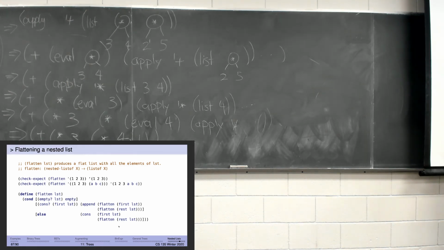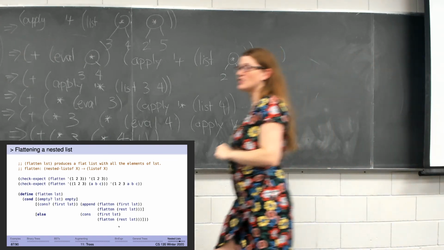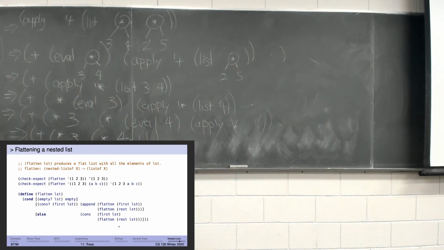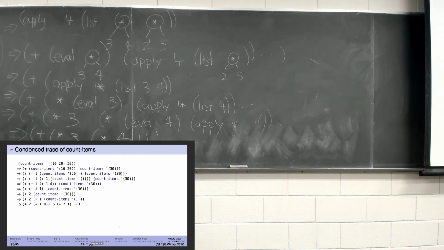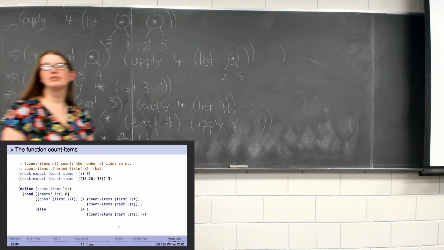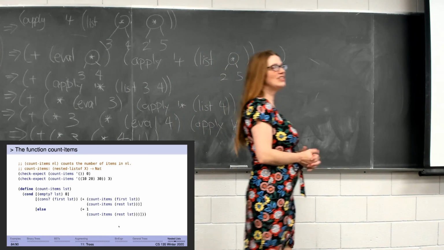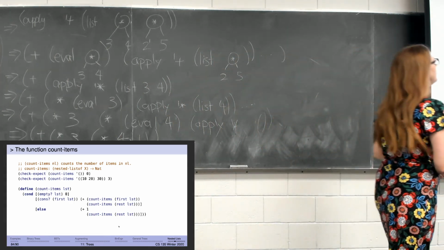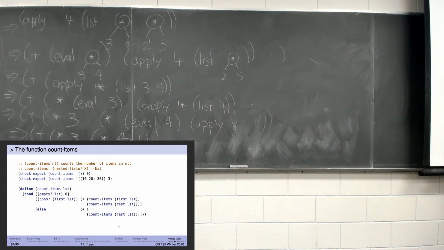Follows exactly. And we can write all kinds of functions. The function that we had before this was simply to count how many items were in the list. Not how many lists are in the list, how many actual simple items are in there. So if the list is empty, there are 0 items. If this item is not a list, then we add 1 to the count of getting the number of items from the rest.